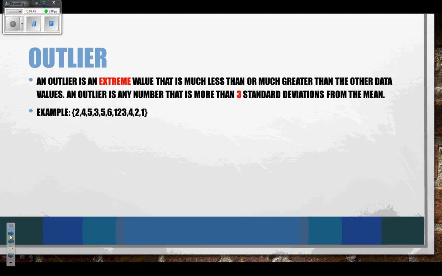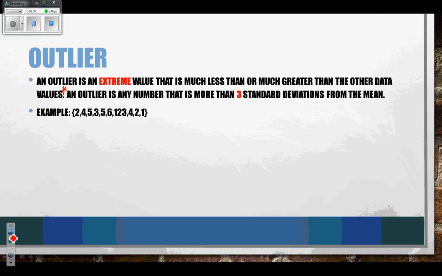If it asks you to find the outlier, you have to show proof. So you need this tip: any outlier is any number that is more than 3 standard deviations from the mean.